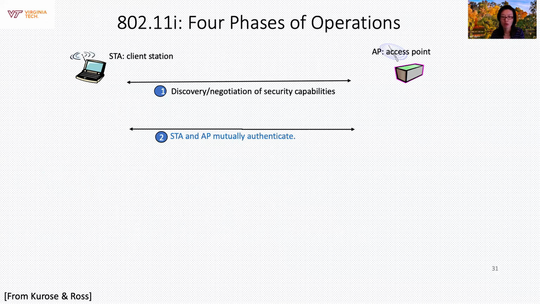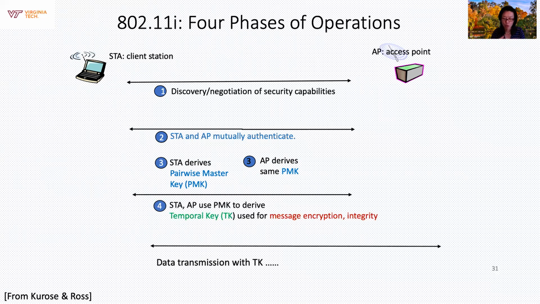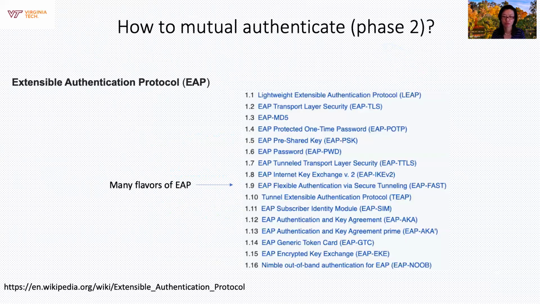We'll talk a little bit about this. So how do they do it? Once they figure out who each party is, they derive a shared master key, which can then be used to derive an additional encryption key, a signing key, and an integrity key, very similar to TLS. And then data transmission uses the derived keys.